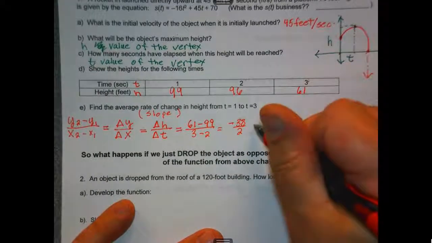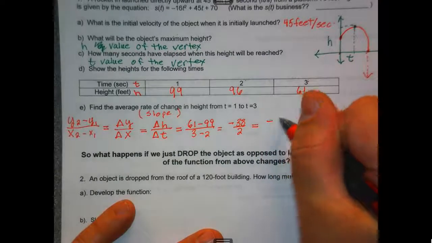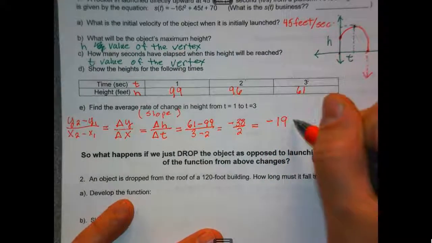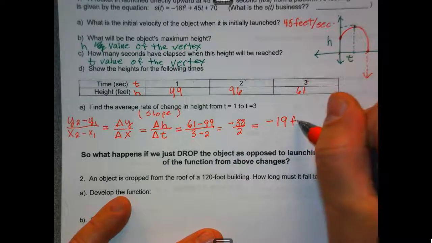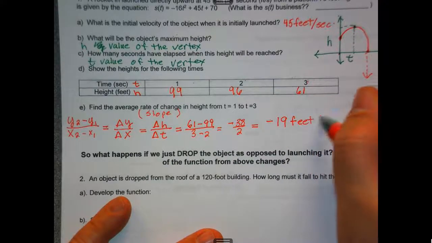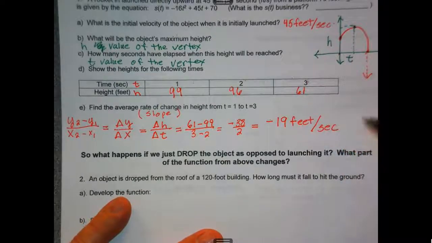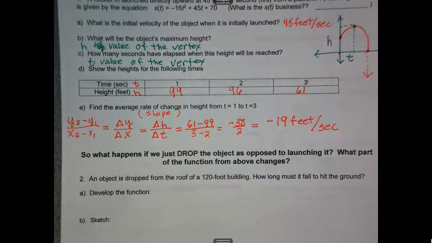Negative 38 divided by 2. Negative 19, negative 19 feet per second. Now, can I have a speed or velocity of a negative number?